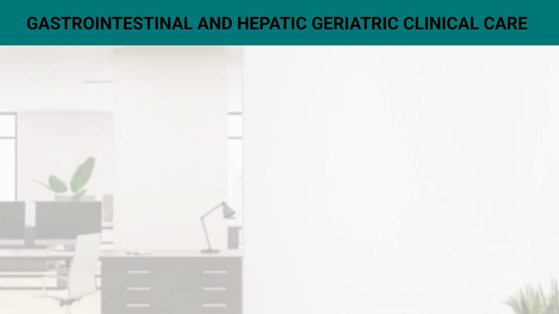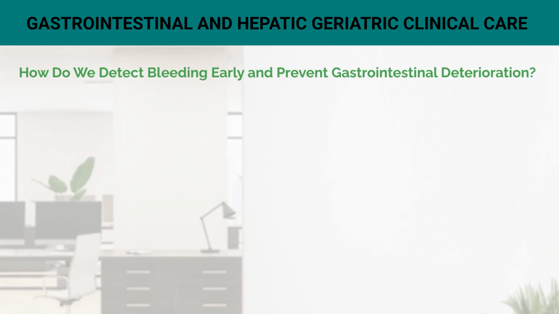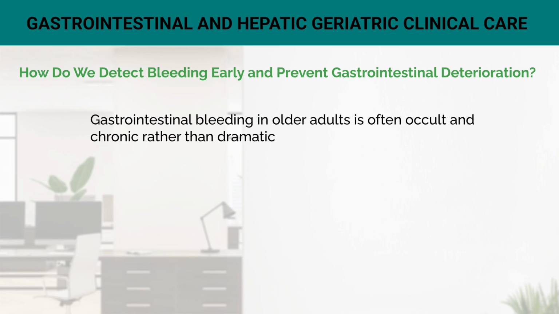Having seen how malnutrition and constipation present as geriatric syndromes, let's move on to how we can detect bleeding early and prevent gastrointestinal deterioration. Gastrointestinal bleeding in older adults is often occult and chronic rather than dramatic.